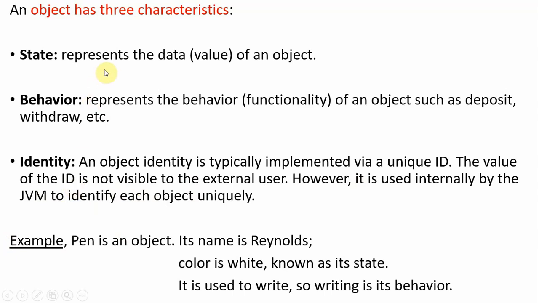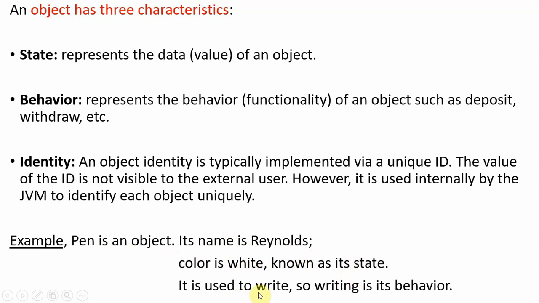So the characteristics: state is a value, behavior is functionality or action, identity is an ID for identifying. If you take a pen as an object, the identity is nothing but a name, for example Reynolds. The color is the state, for example white.